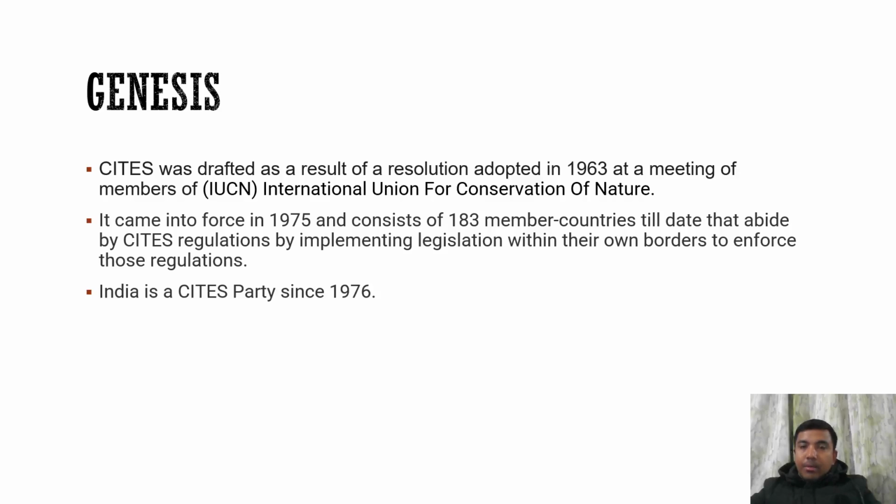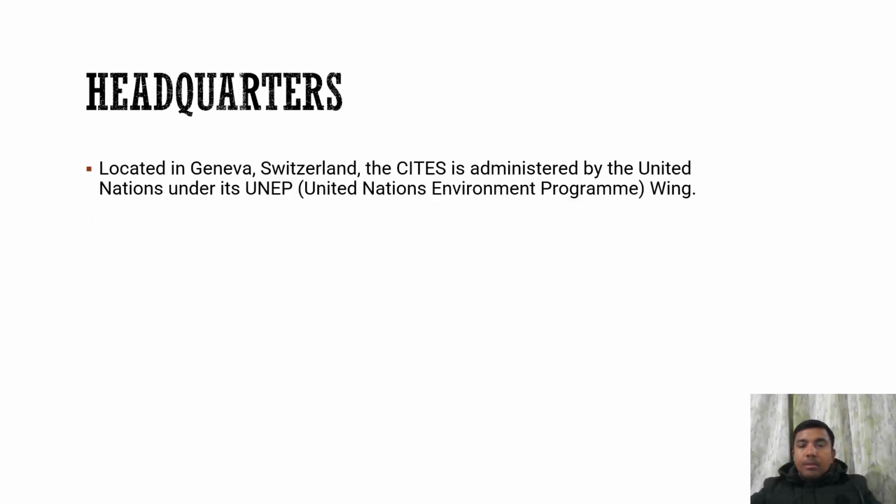In any meeting or convention, if the nations taking part agree to the terms and conditions, they sign, and it is called signed. After coming back to their nations, if they are successful in implementing it, it is called ratification. So India has signed and ratified CITES. The CITES headquarters is located in Geneva in Switzerland.